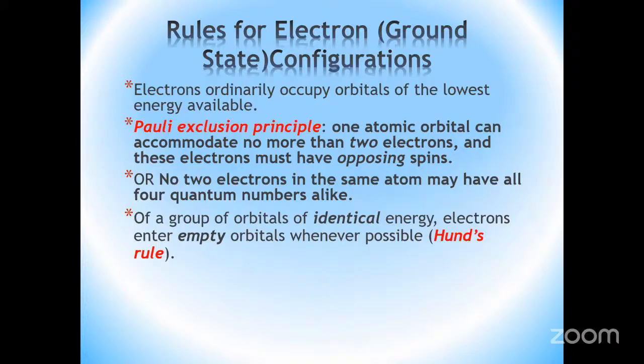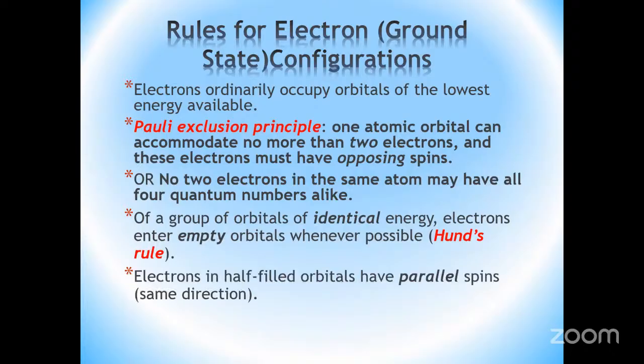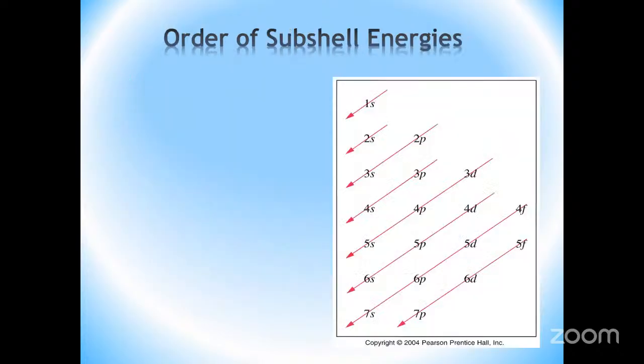This is called Hund's rule. In addition, according to Hund's rule, whenever you have electrons in half-filled orbitals, they must be spinning in the same direction. That would be another requirement for the ground state configuration. Oh, sorry, I think that's it as far as the rules are concerned.